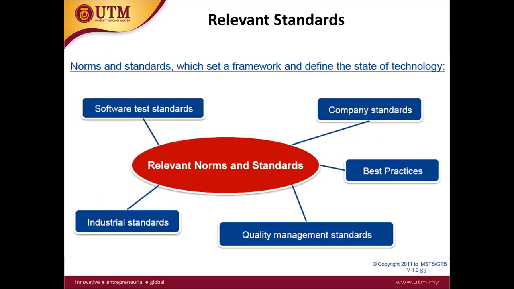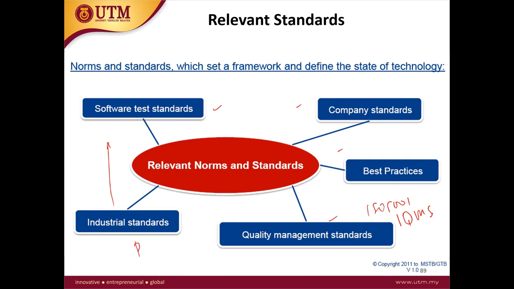Related to the standards, we have software test standards like IEEE 829, and then company standards, which are developed in-house by the company. Best practices, quality management standards like ISO 9001, or maybe an internal QMS, internal quality management system. Industry standards are also like software test standards, but produced by industry.